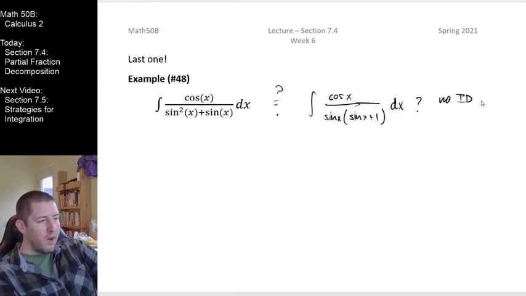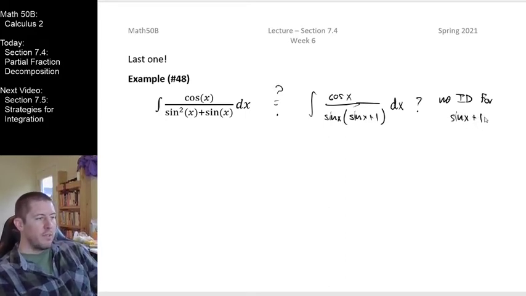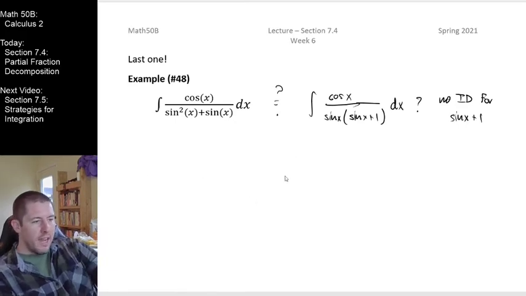I don't know any identity for simply sine of x plus 1. So that doesn't necessarily seem like a route that I want to go. Other things I could think: every time in my life I see a sine squared, I'm like, ooh, I know what sine squared is. Sine squared is really 1 minus cosine squared, right?